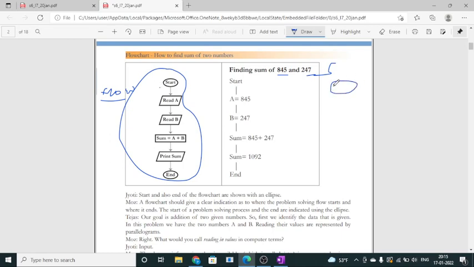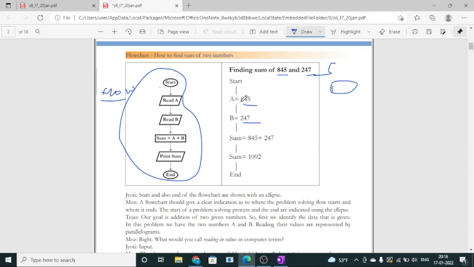S-T-A-R-T, start. To find the sum of 845 and 247, we'll be taking two values into variables. In variable A we'll take 845, in variable B we'll take 245. And what will we do then?